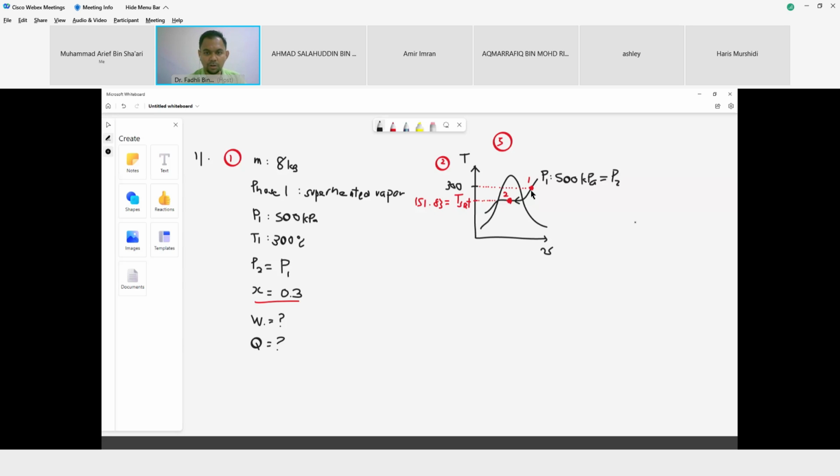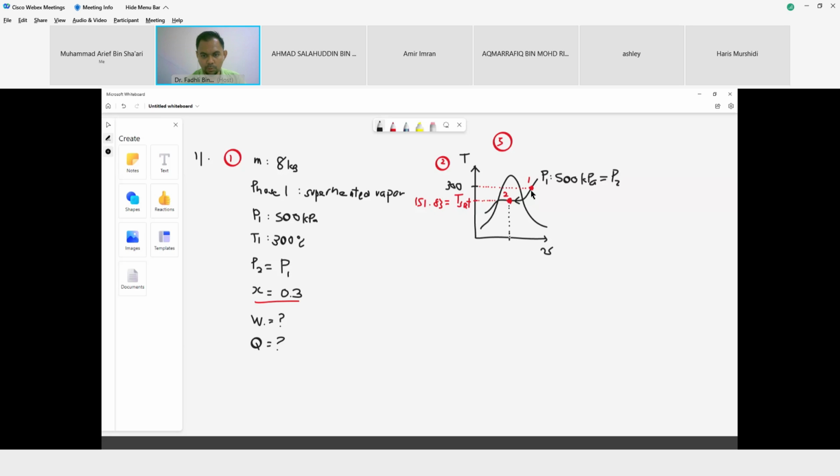I think that's all for step number 3. We transfer all the values given in the question into our diagram. You can also draw this one.